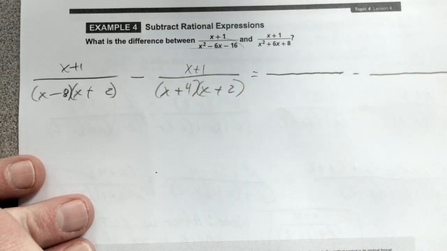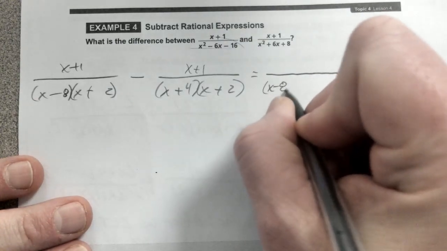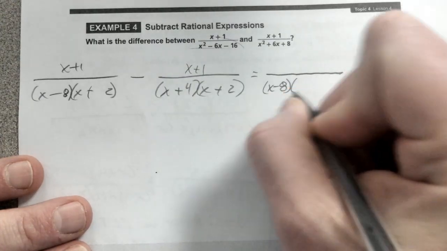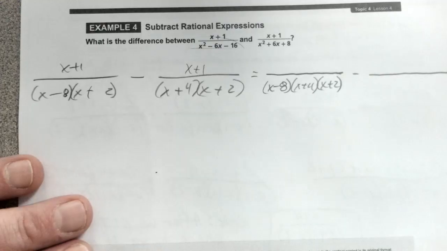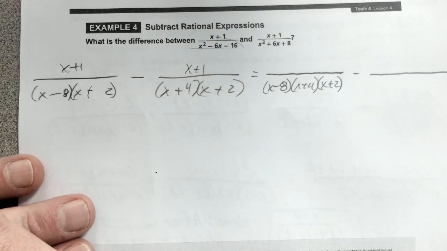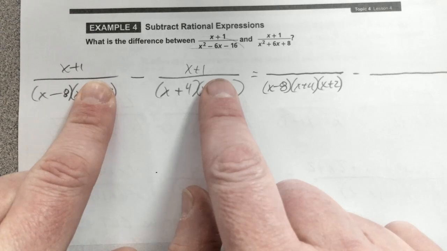Jaden, can you tell us the common denominator? X minus 8, good. X plus 4, good. X plus 2, good. Yeah, that's it, right? They share the x plus 2, and then the extras are x minus 8 and x plus 4.